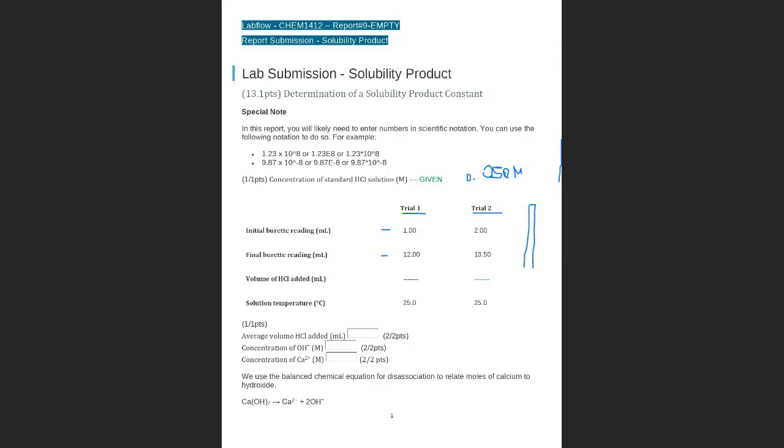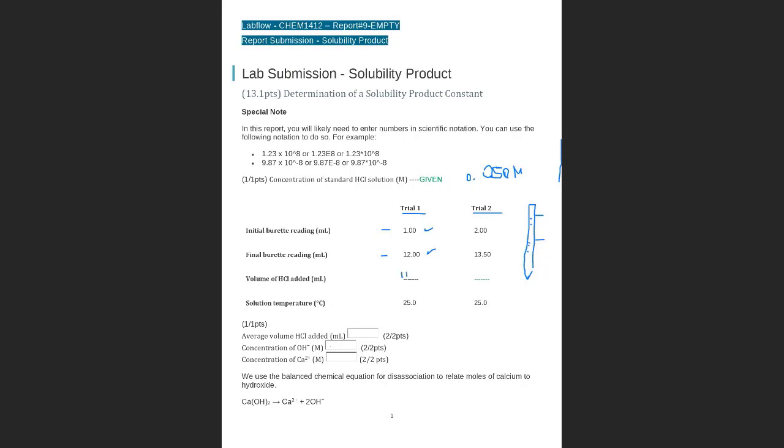So basically, initial reading, let's say here, and then final reading. What is the volume if the initial reading is 1 and the final reading is 12? What would be the volume added? Yes, exactly. 12 minus 1. Very good.